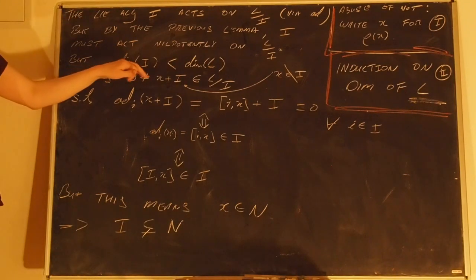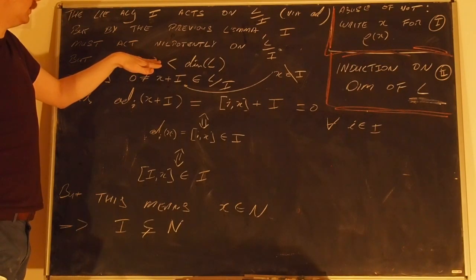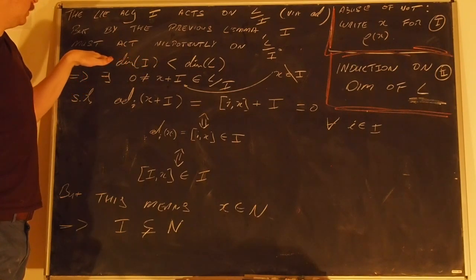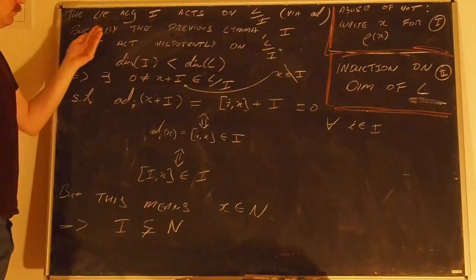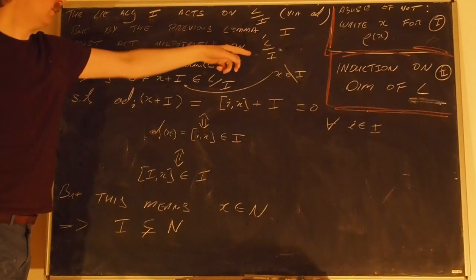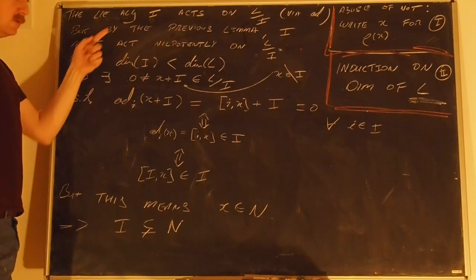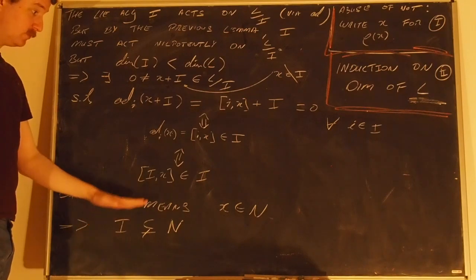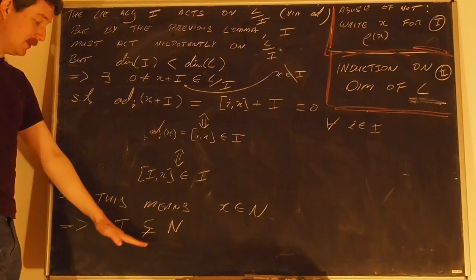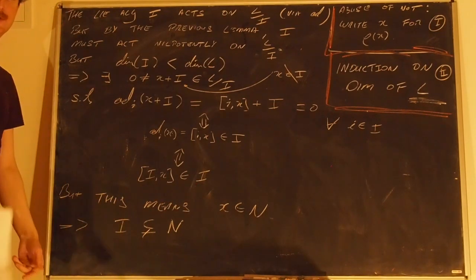So by using this argument, by taking this quotient, and then letting I act on it again, we've produced an element x in N that's not in I, which is to say we show that this is a proper inclusion.